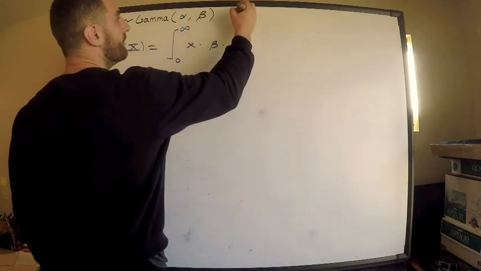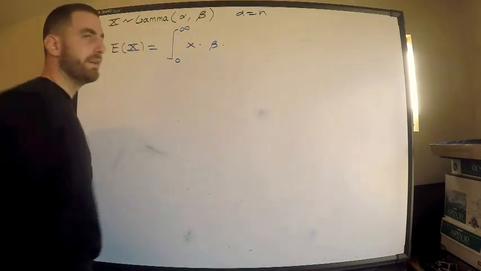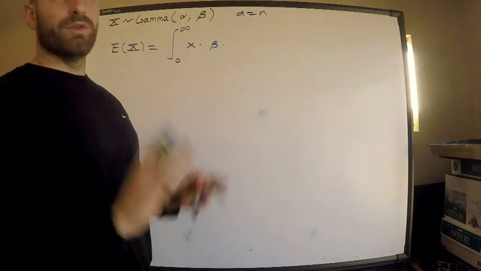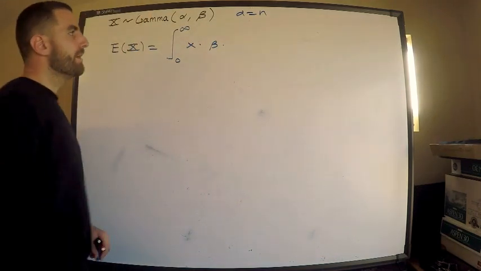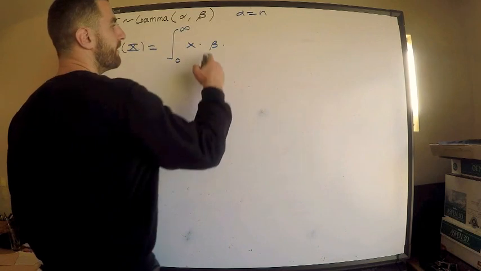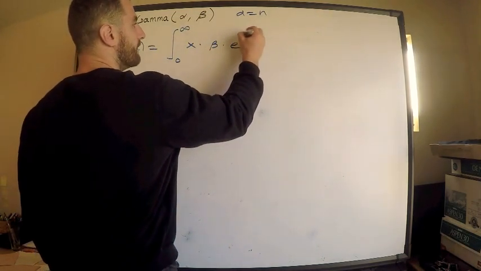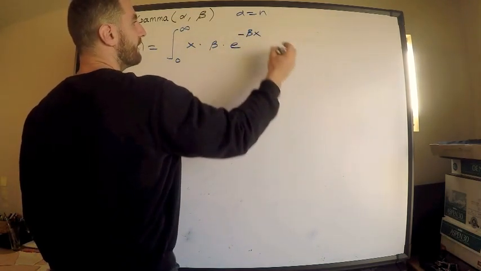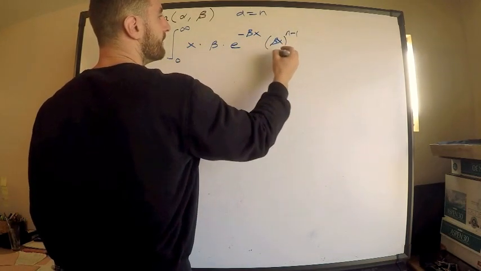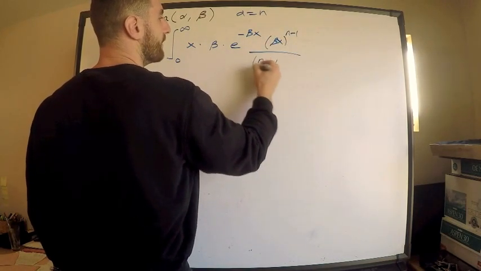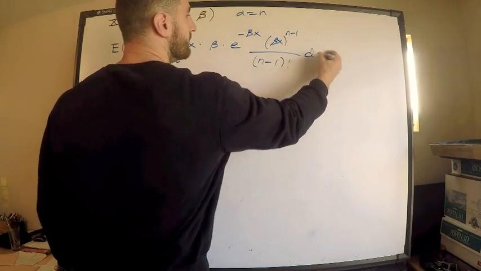I'm doing it for alpha equals n. It's true for any real number alpha greater than 0, but I'm doing it specifically for n. So beta times e to the negative beta x, to the n minus 1, divided by n minus 1 factorial, dx.